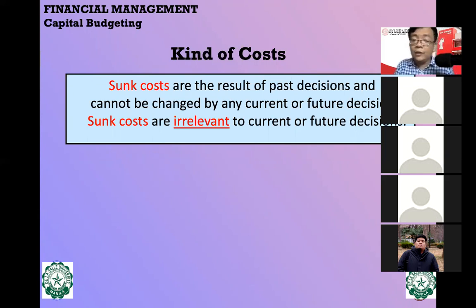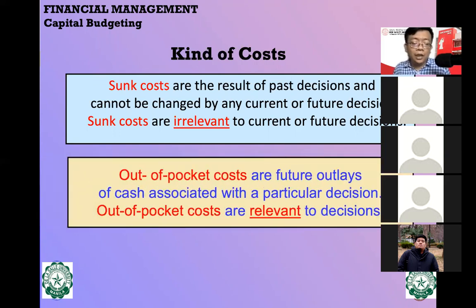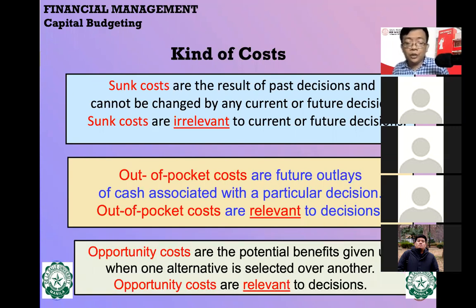Sunk costs are irrelevant costs. Out of pocket costs are future outlays of cash associated with a particular decision. Out of pocket costs are relevant to decisions. And also opportunity costs are relevant. So ito yung ating mga costing na tinatawag, particularly in terms of relevant costing and irrelevant costing.